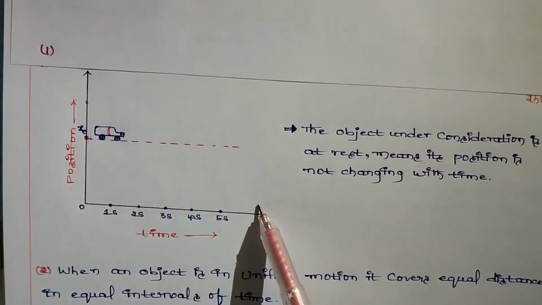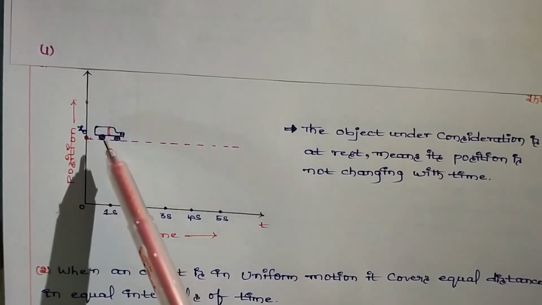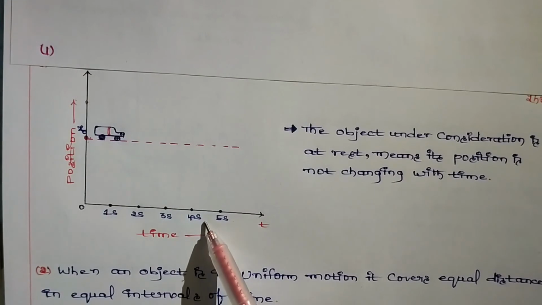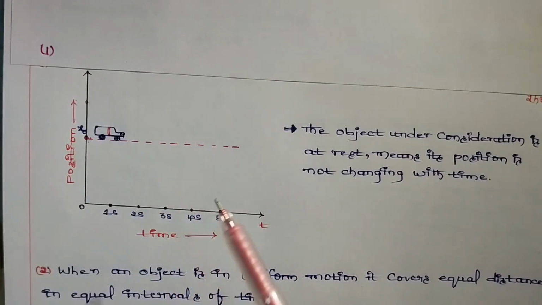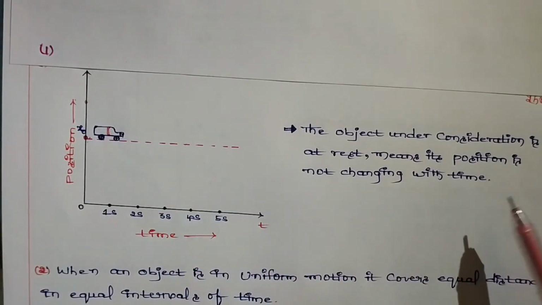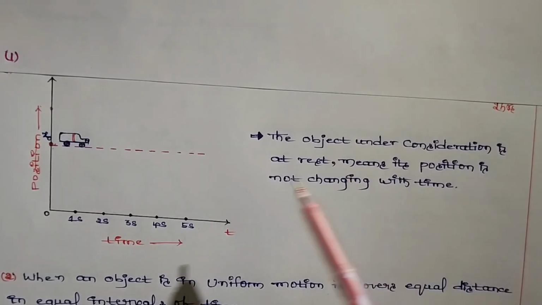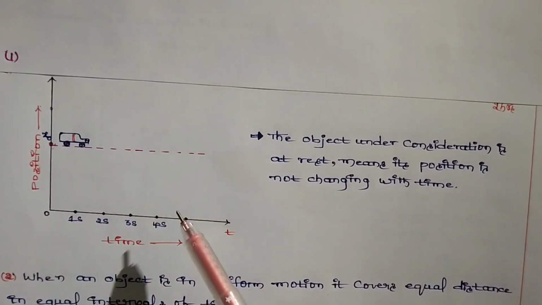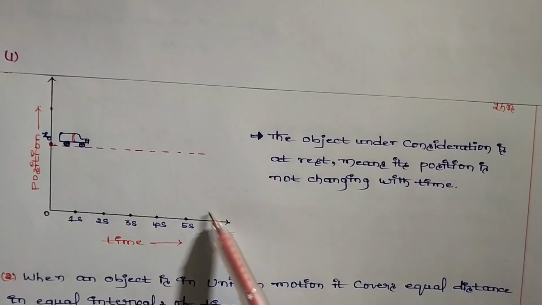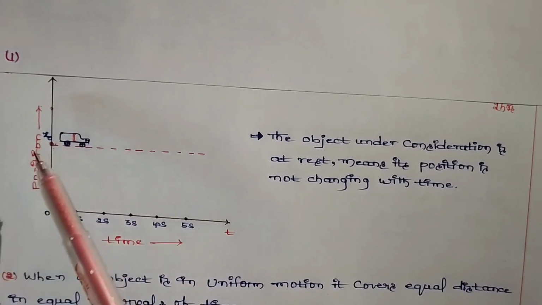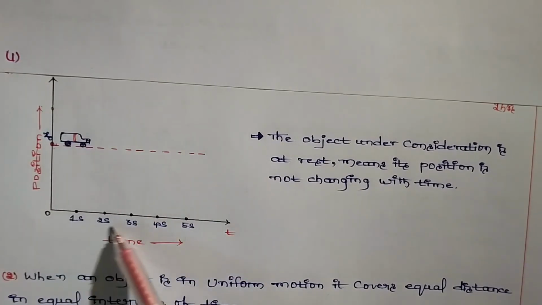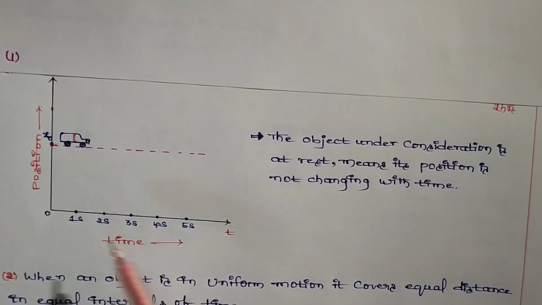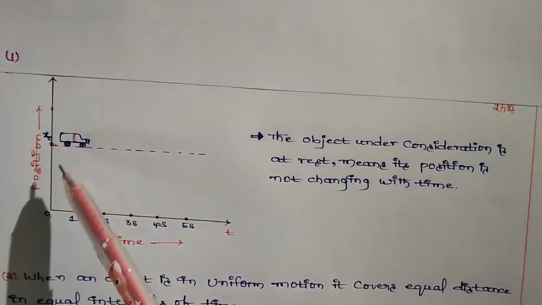At 1 second it is at x0, and at 5 seconds also it is at x0. Then we can say that the object under consideration is at rest, meaning its position is not changing with respect to time. Here the graph will look like this.